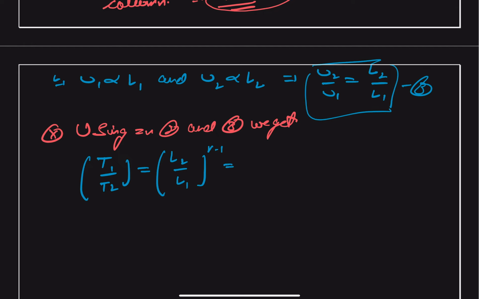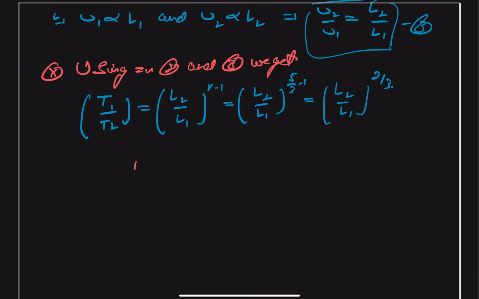So we substitute it here, we get L2 by L1 raised to 5/3 minus 1, which gives us 2/3. So we got the relationship between temperature T1, T2 and length of the expanded gas columns. This is our 2/3.